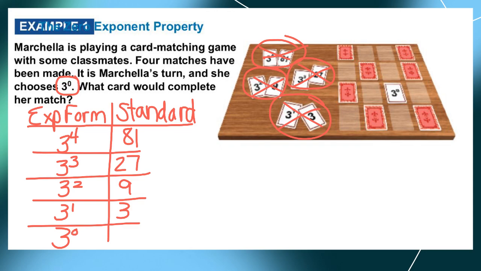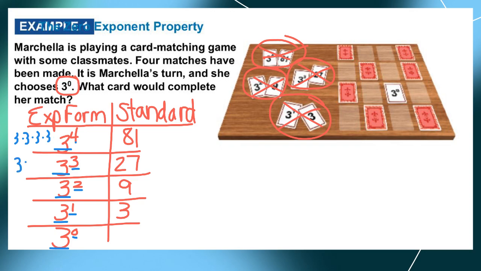So if I look at this, and I'm looking for a pattern, on the exponential side, I have the same base every time, 3, and the exponent is going down by 1, down by 1, down by 1. Well, that one exponent that's being decreased, that's a factor of 3. Because I started off with 3 times 3 times 3 times 3, 4 of them.